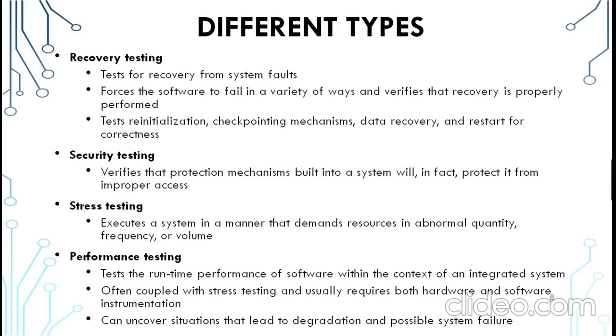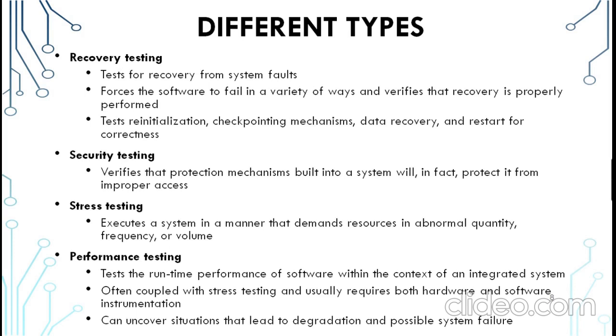System testing. System testing is a level of testing that validates the complete and fully integrated software product. The purpose of a system test is to evaluate the end-to-end system specification. Usually, the software is only one element of a larger computer-based system. So there are different types of system testing.